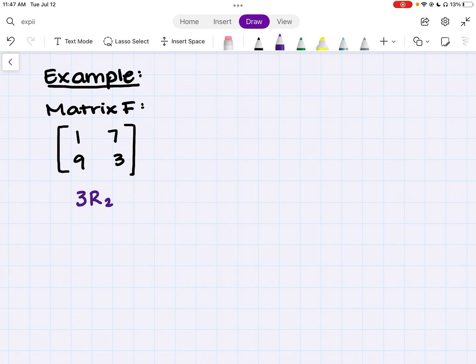So hopefully you did that. Hopefully you were able to pause and try it on your own, but we're going to walk through this example as well. So we're going to do this intermediate matrix again. Again, for the purposes of this lesson, you don't have to do this if you find that you can do the row multiplication in your head, but if you need to write it out, no worries at all.